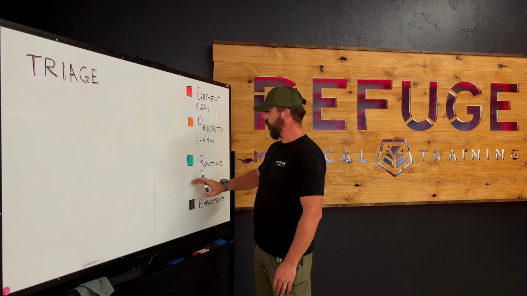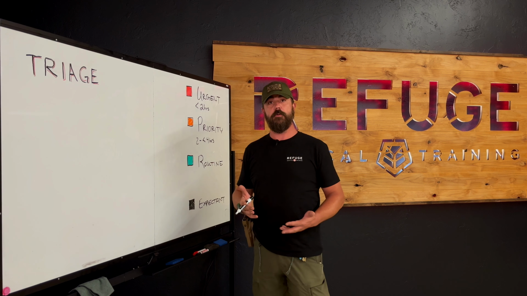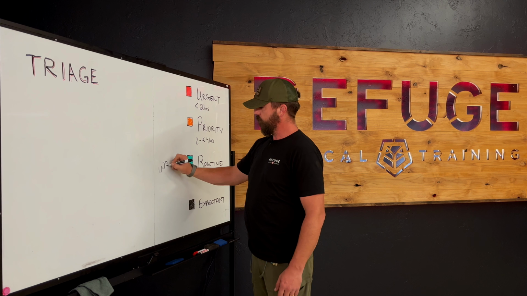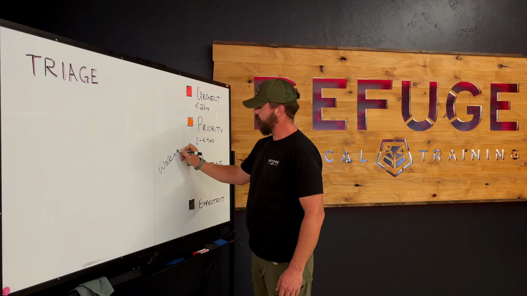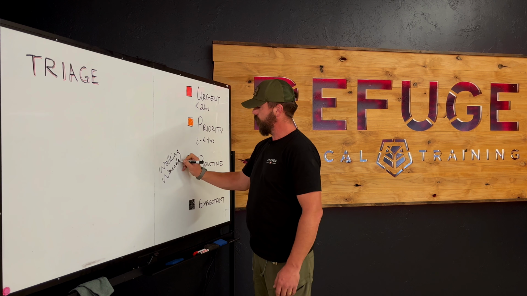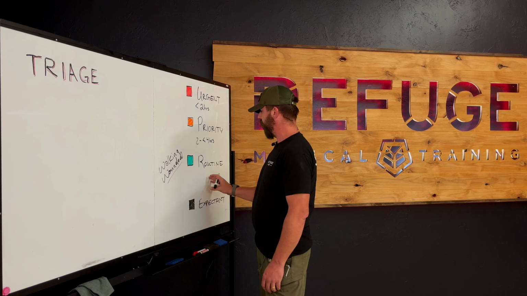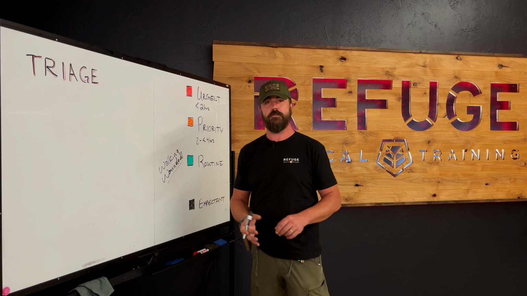Beyond priority, we have routine. Now, this is commonly referred to as your walking wounded, right? And I'm going to come back to why we call them the walking wounded here in a moment. But these are your minor injuries, right?